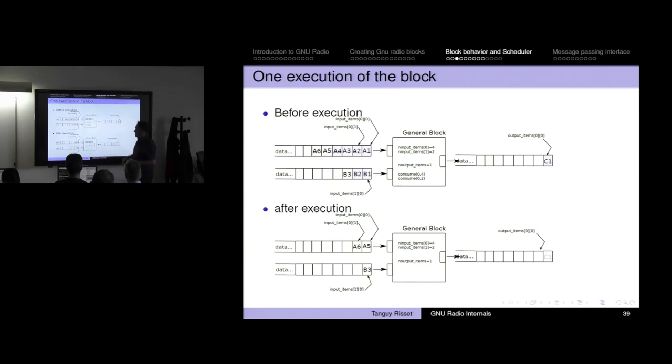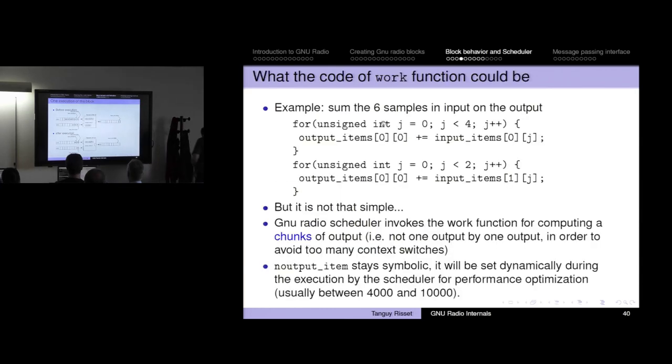So in that simple case, let's say for this sample, I want to sum all these 6 samples, these 4 samples and these 2 samples. How do I do that? At some point, I have to write some C code, and what I do is accumulate directly in the output item that I want to write. I just accumulate the 4 input items from the first input stream and the 2 input items from the second input stream.